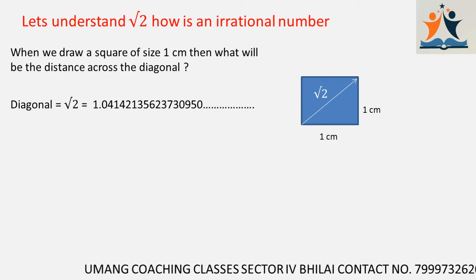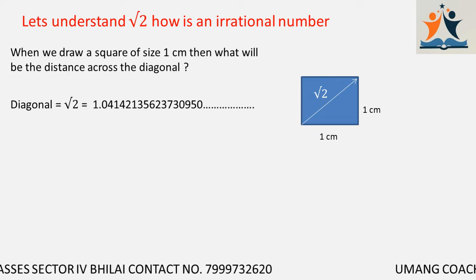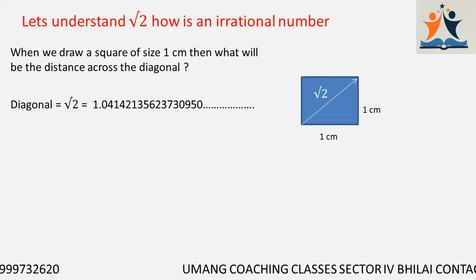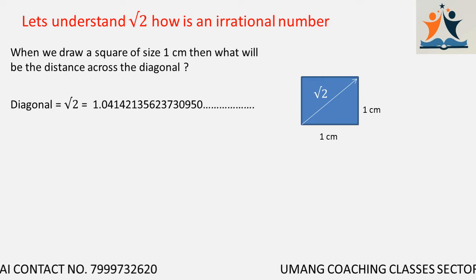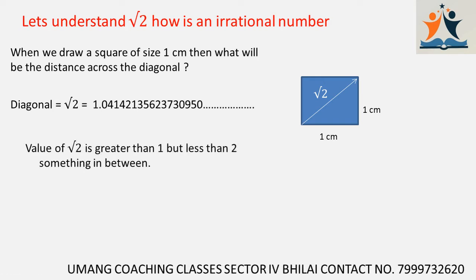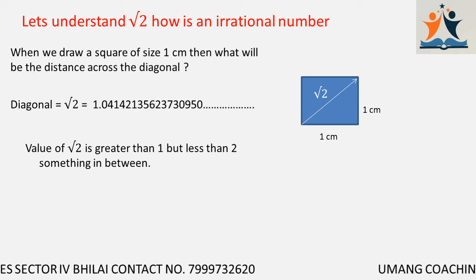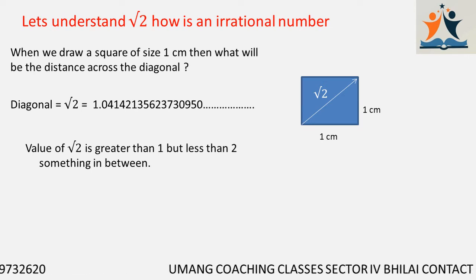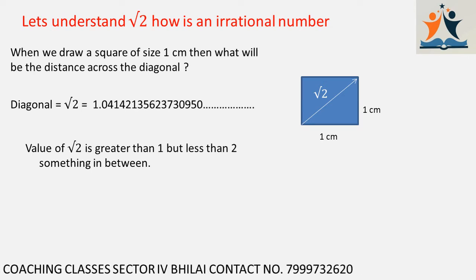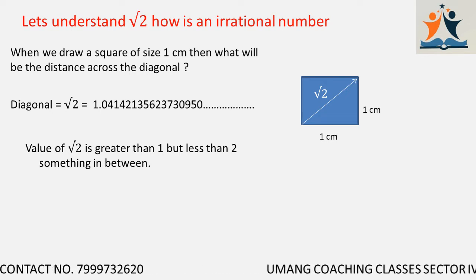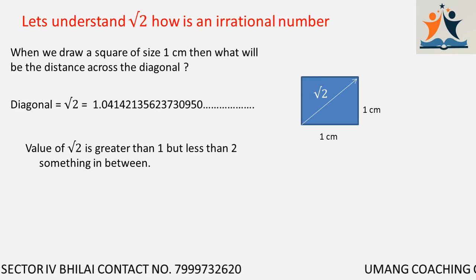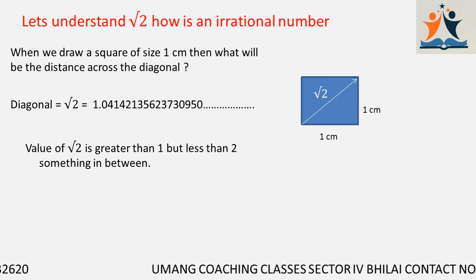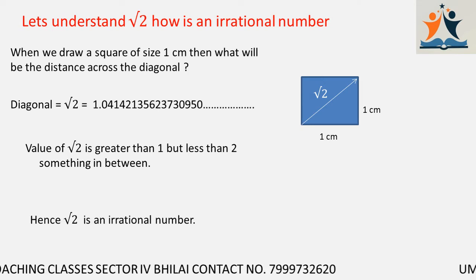If there is a square and you measure it with a scale, we'll get this value somewhere, but we cannot pin down exactly where, it will come somewhere in between. The value of root 2 on the scale is something greater than 1 but less than 2. We cannot say at which point this value is fixed, because between two numbers there are numerous real numbers.